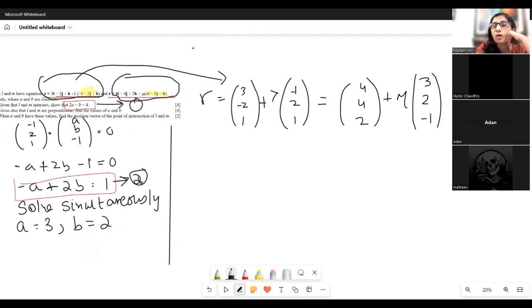Now solve these, get the values of mu and lambda, substitute them back in any one of the sides, and get the point of intersection. So we have 3 minus lambda equals 4 plus 3 mu. Equation 1.